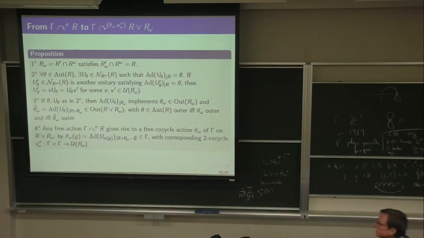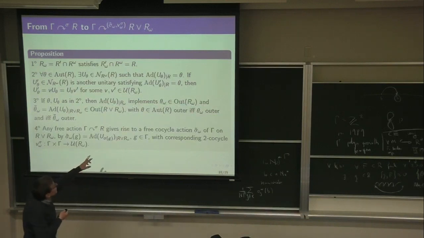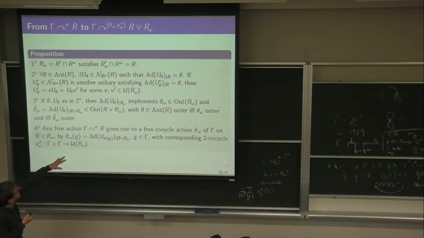Actually, that's the way I should have said it first. It implements because U theta normalizes R, so it also normalizes R prime intersected with R omega, the commutant. And I'm claiming that theta is outer if and only if theta omega is outer on this II1 factor.